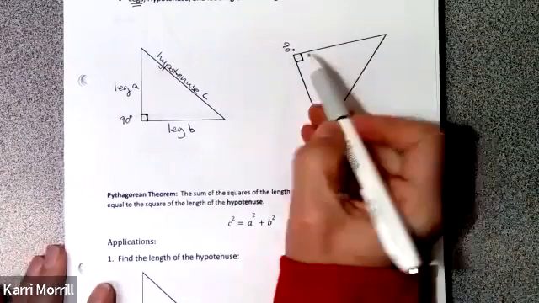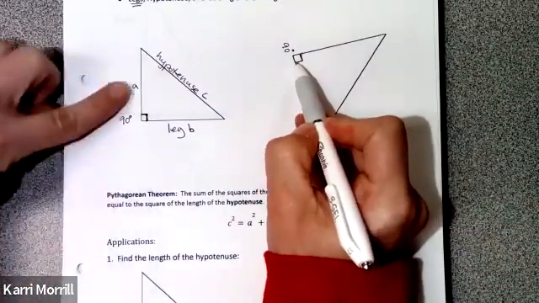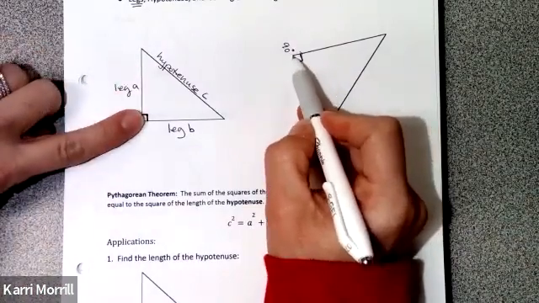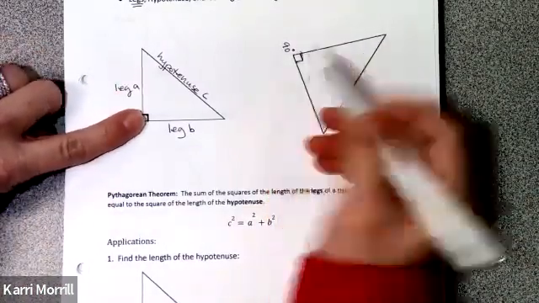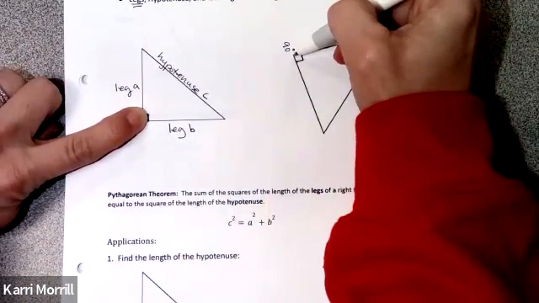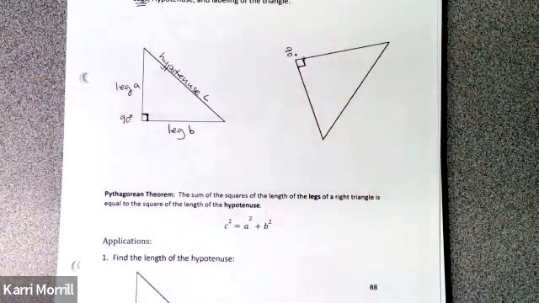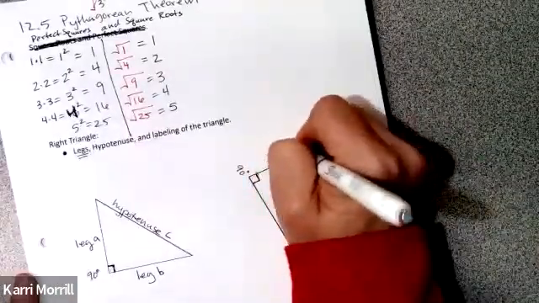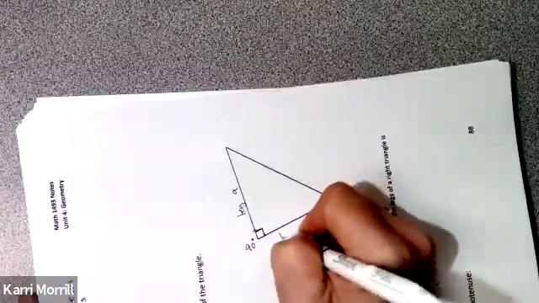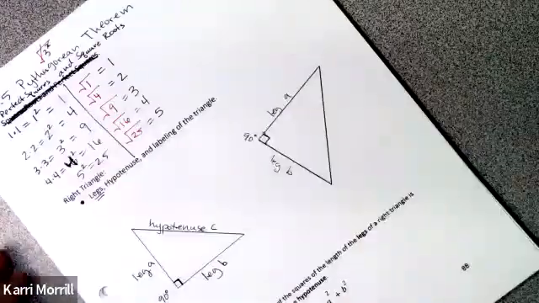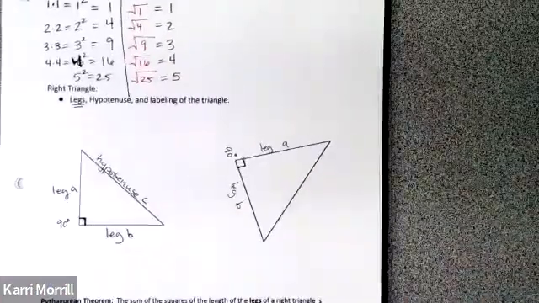And so over here, if the 90 degree is here, your legs are the two lines that connect and make your 90 degree angle. Okay, so this is a leg and it can be leg A, and this is leg B. You guys remember perpendicular lines, that word?